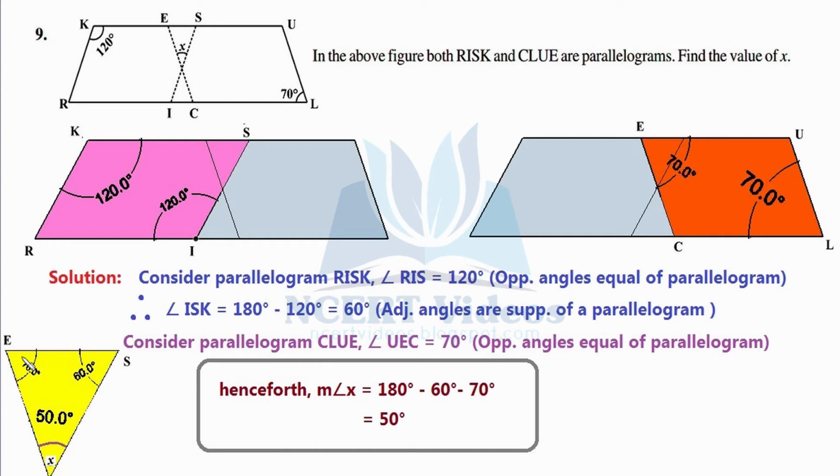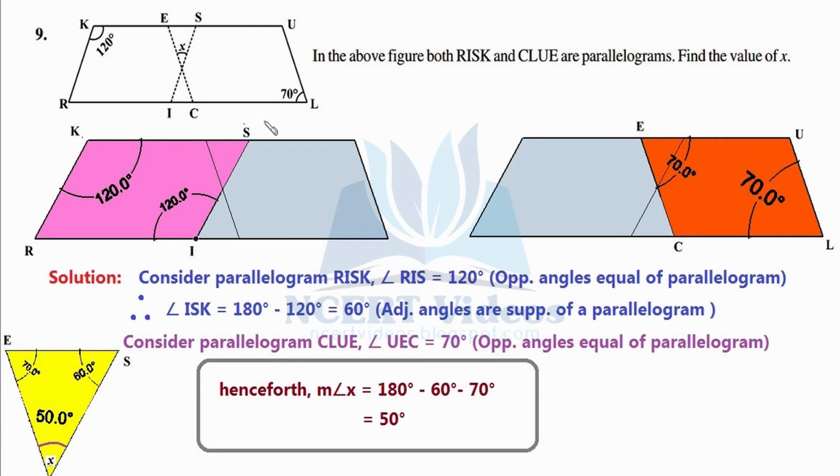That is, if we subtract 70 and 60 from 180, we will be able to find the measure of angle X. Henceforth, we wrote the measure of angle X, that is this particular angle that we were required to answer in this question, will be equal to 180 degrees minus the sum of both these angles, 60 degrees and 70 degrees, which is equal to 50 degrees. And you can write the reason by using the angle sum property of a triangle. Therefore, we have written over here 50 degrees, which is the required answer of this question.